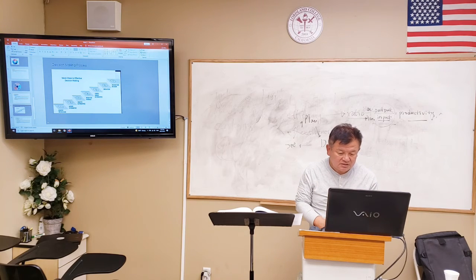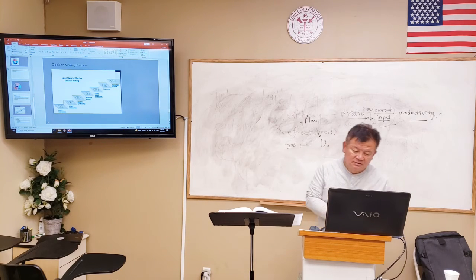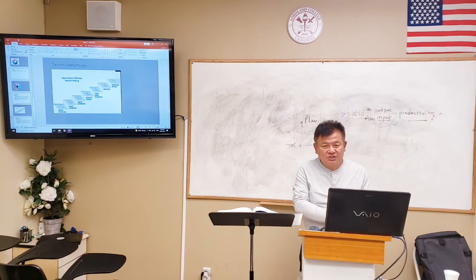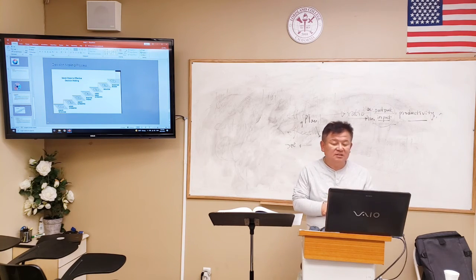Next stage is choose among the alternatives. Okay, I choose one. And next step is take action, and review your decision. See what is different. What is pros and cons, and using it.